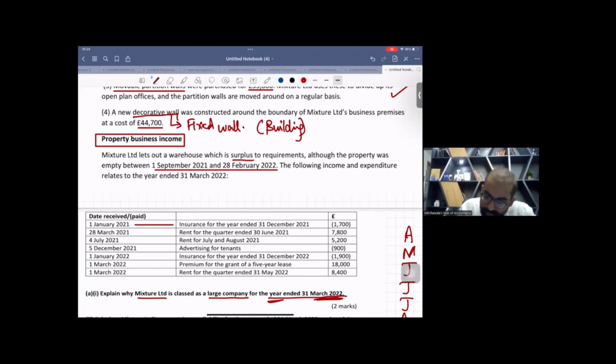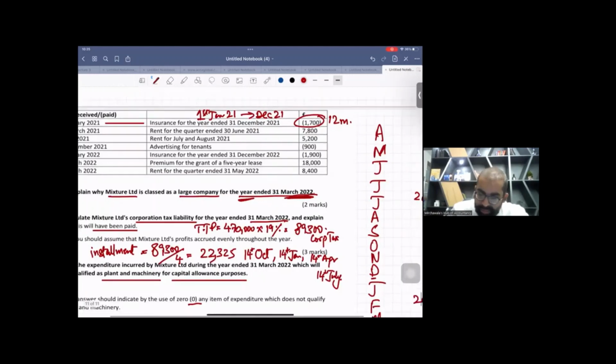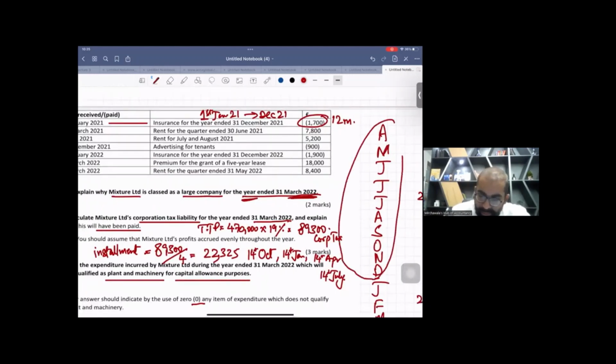On 1st January 21, insurance, this is for 12 months, from 1st January 21 to December 21. How many months out of these 12 lie in our accounting period? These 9 months lie in our accounting period.